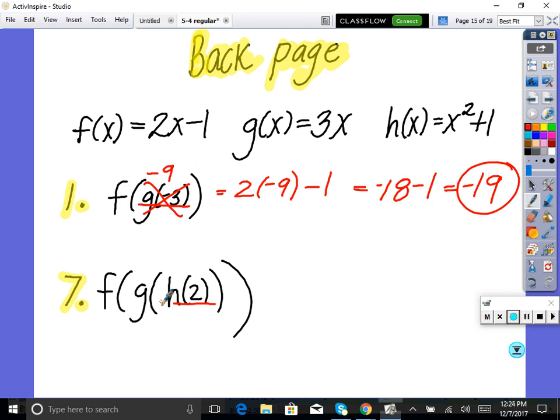So that's 2 squared plus 1, which is 5. So now I go g of 5. 15. So then f of 15. 30 minus 1 is 29. So we just calculate from the inside out.